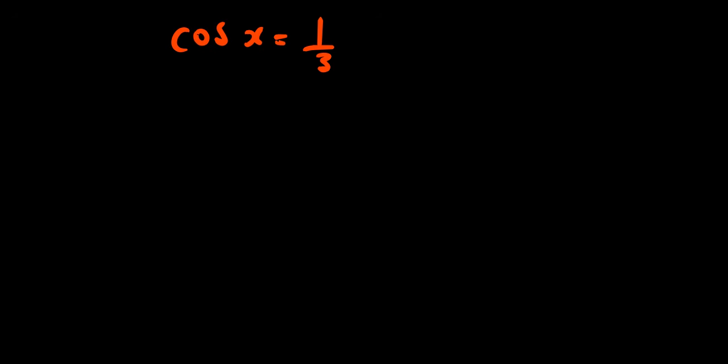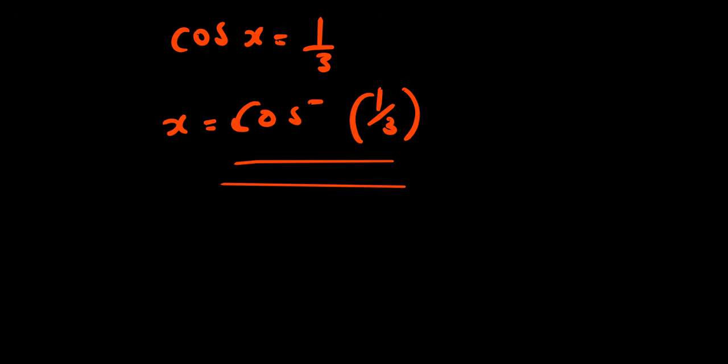Now for us to find the value of x, we just need to find the inverse. So in this case, x will be equal to cos inverse, or arc cos, of 1 over 3. Okay, so this will be the answer. There's nothing much to solve here. So that's how we are going to approach this question.